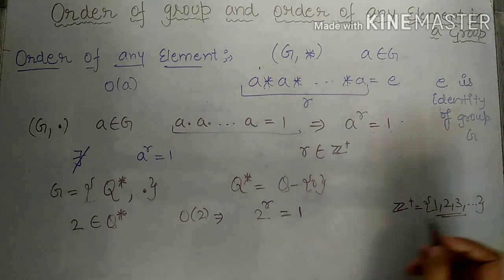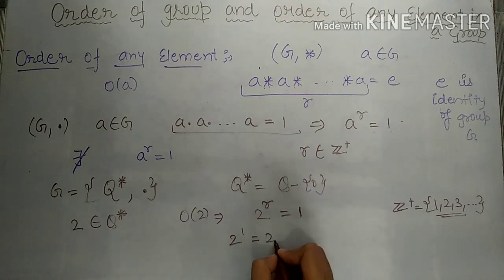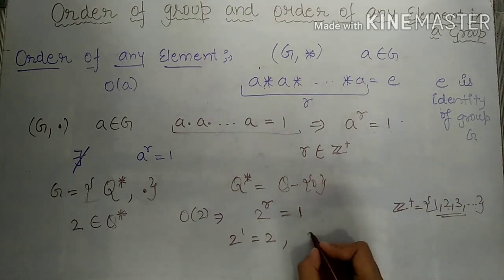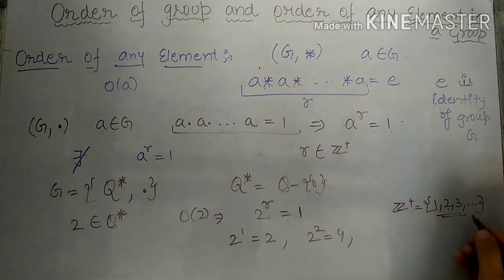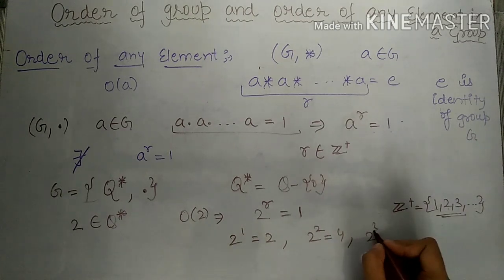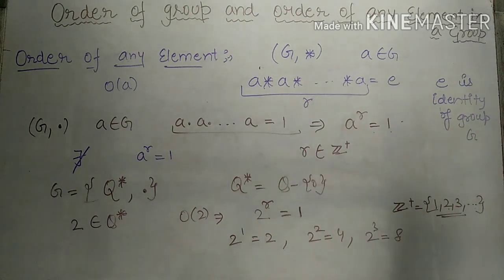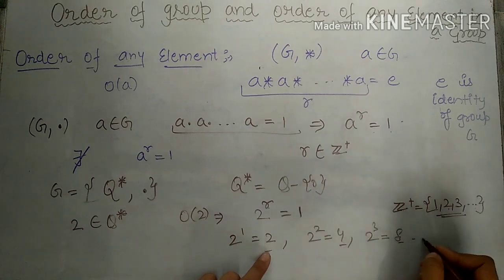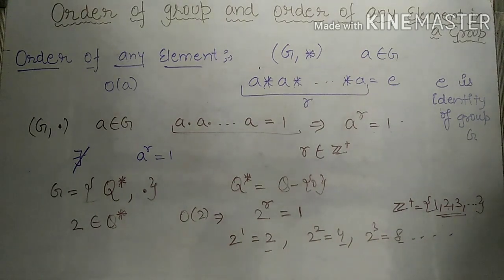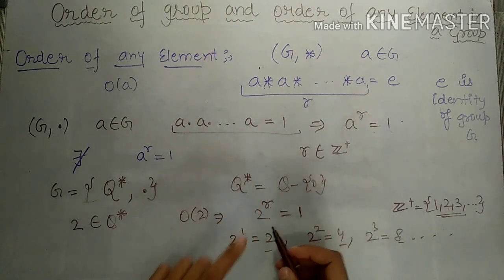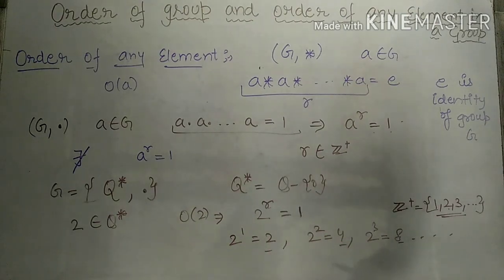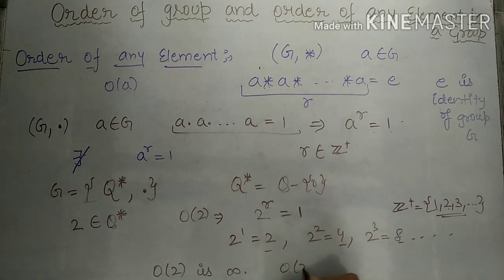If we take r to be 1, 2 raised to power 1 is equal to 2. If we take r to be 2, 2 raised to power 2 is equal to 4. If we take r to be 3, 2 raised to power 3 is equal to 8. It's increasing. So there does not exist any r such that 2 raised to power r is equal to 1. Or we can say the order of 2 does not exist.